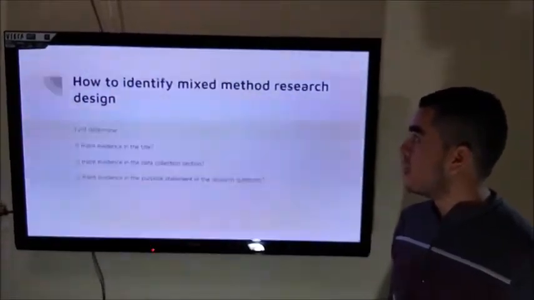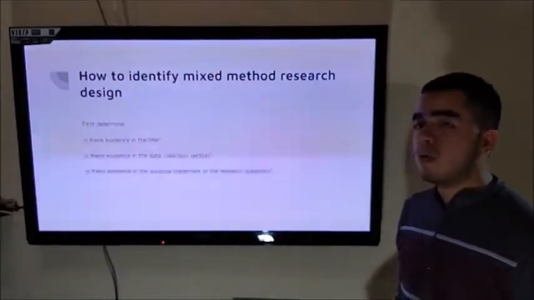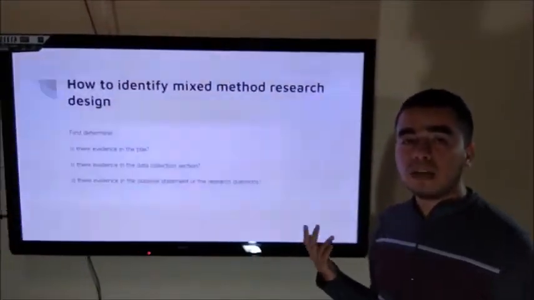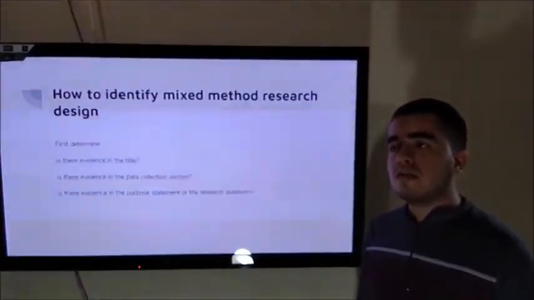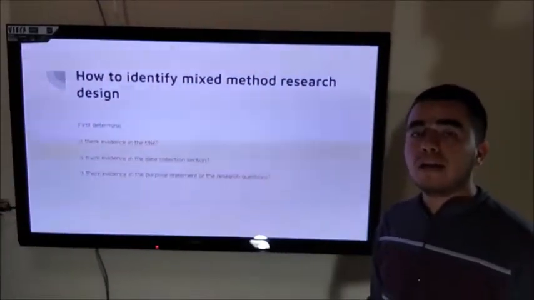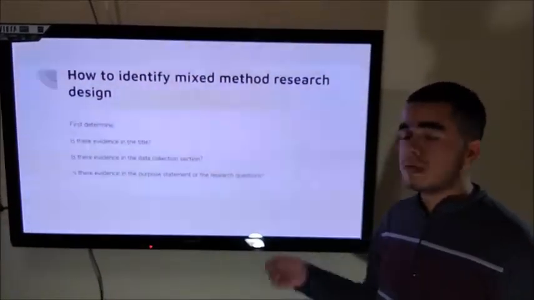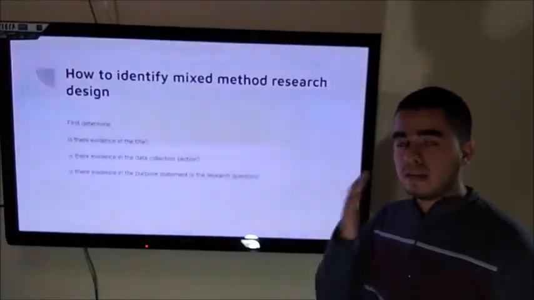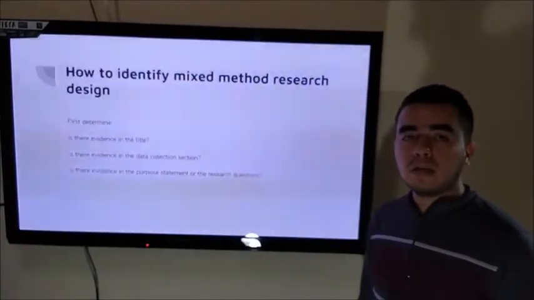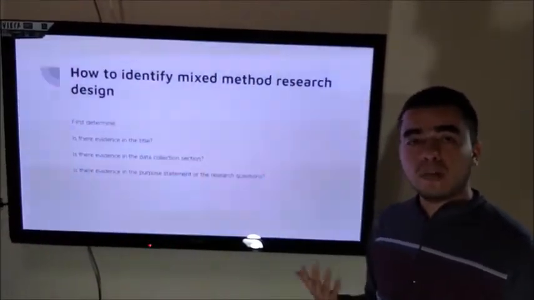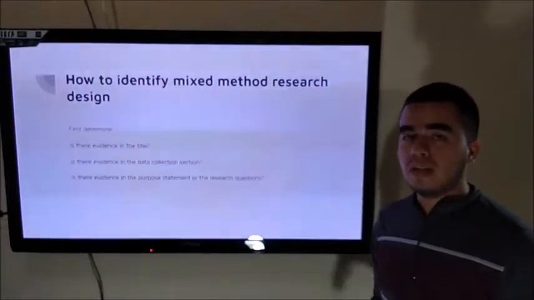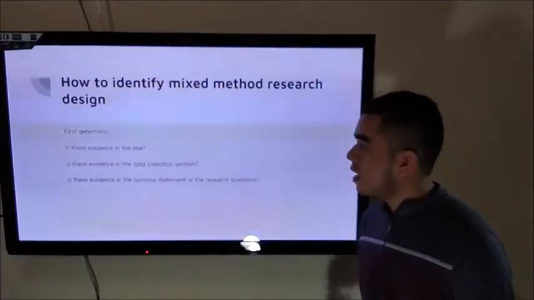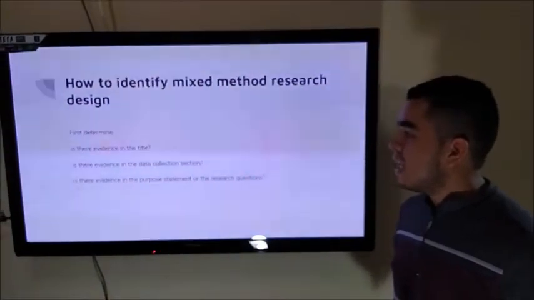So how do you identify a mixed method research design? Before we start seeing the kinds of mixed method research designs, you need to know these key concepts when you are facing a paper, so that you recognize the kind of mixed method design you are going to read. They are like seeds. First, is there any evidence in the title?